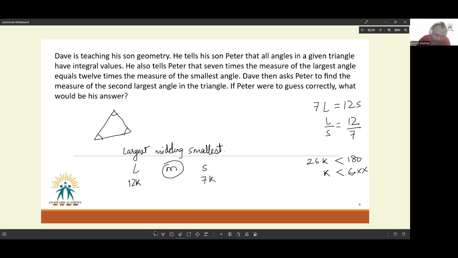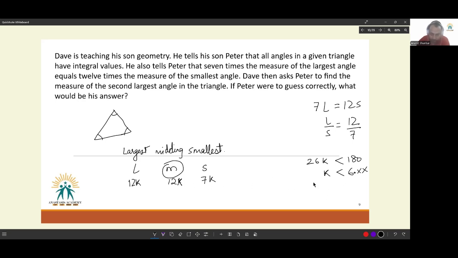The other extreme is that this middling angle has to be less than 12K because this is the middling angle. If it was equal to the largest angle, their summation should exceed 180 degrees.